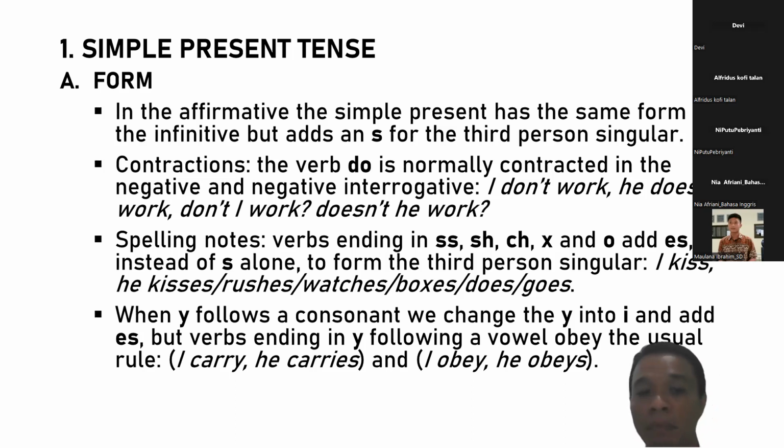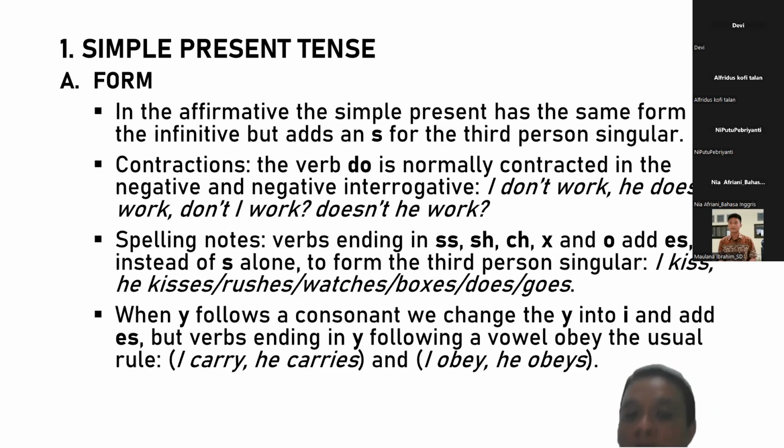For example, I kiss, but when it is used with the third person singular, it becomes he kisses, he rushes, he watches, okay, boxes, does, and goes. Once again, when verbs end in double S, CH, SH, X, and O, add ES, not S.